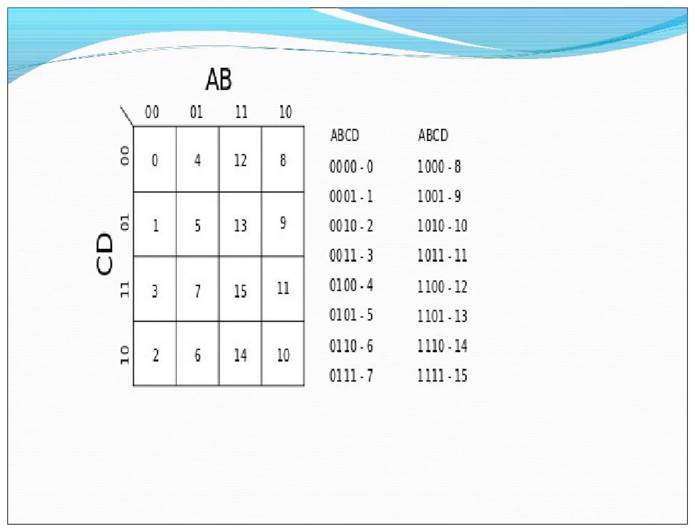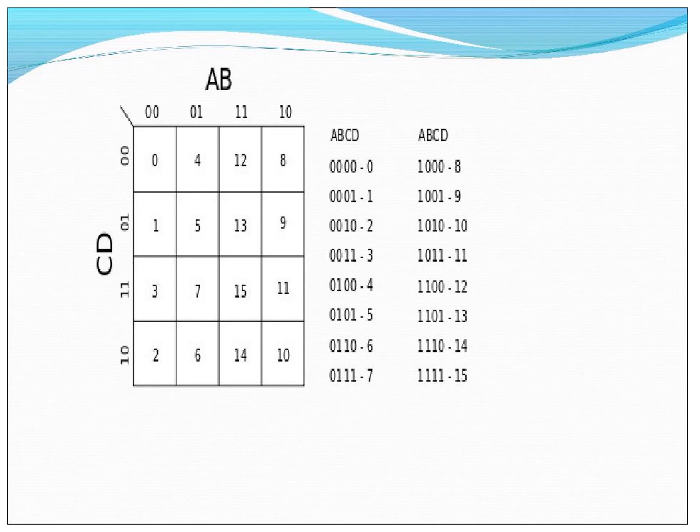Similarly, we have CD along the vertical column, marked 0 0, 0 1, 1 1, 1 0. In all we have 2 to the power 4, that is 16 cells, and these are numbered. The first row is 0, 1, then 3, with 2 last. Next 4, 5, then 7, with 6 last.